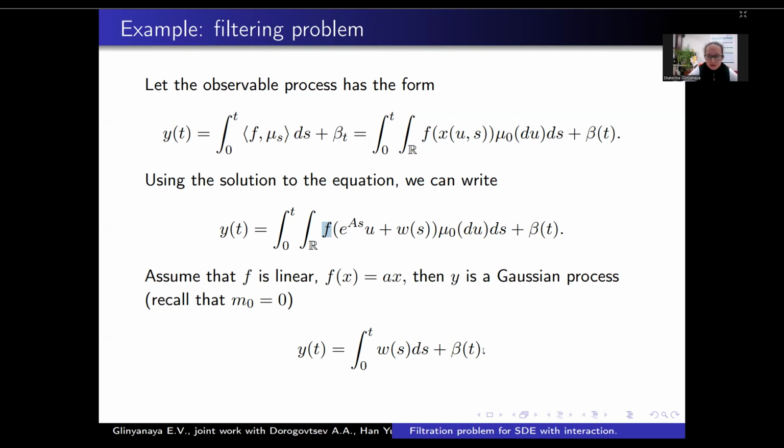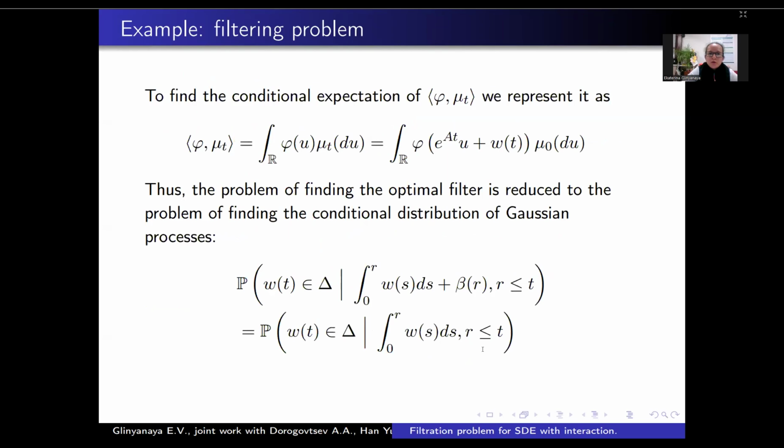Now, if we want to find the conditional expectation of such a functional of the measure μt, and again substitute the solution, we can see that it depends just on the Wiener process itself.